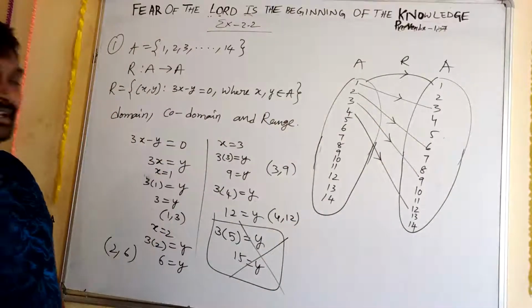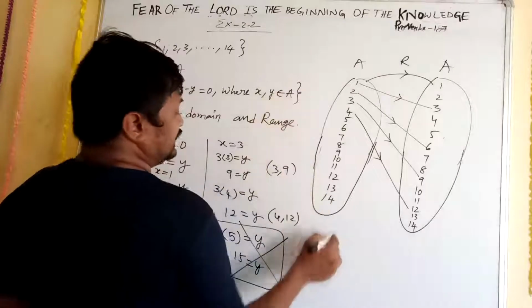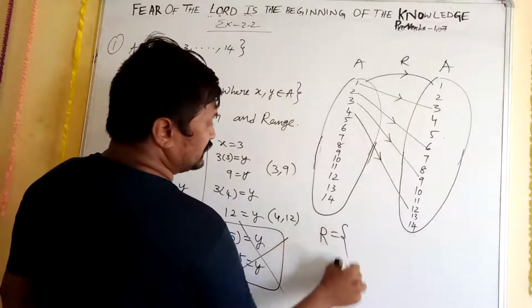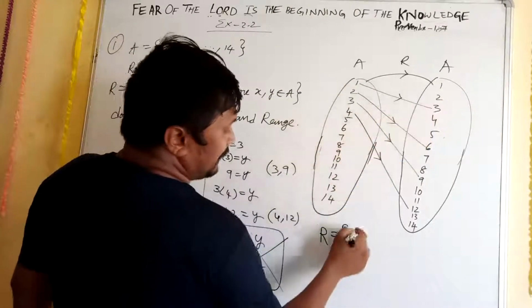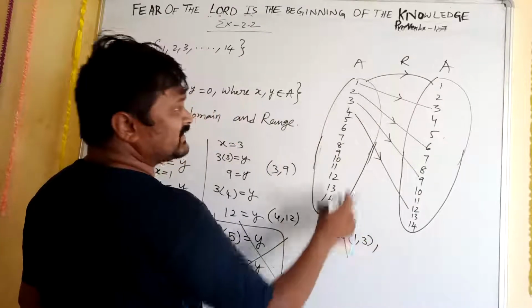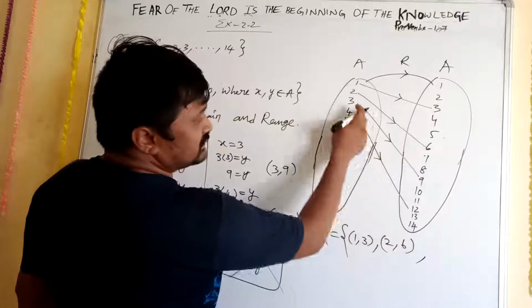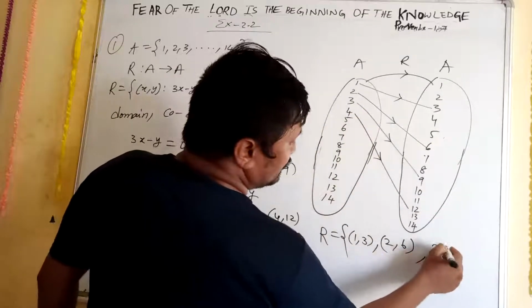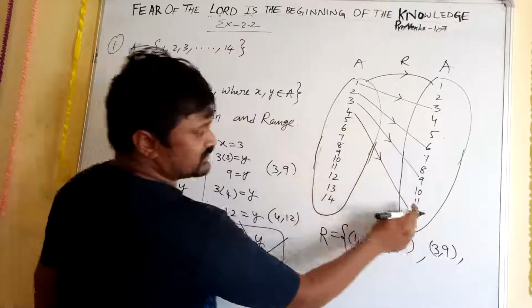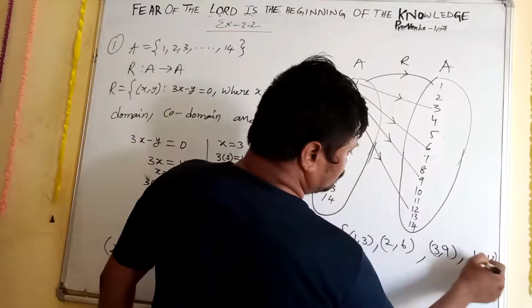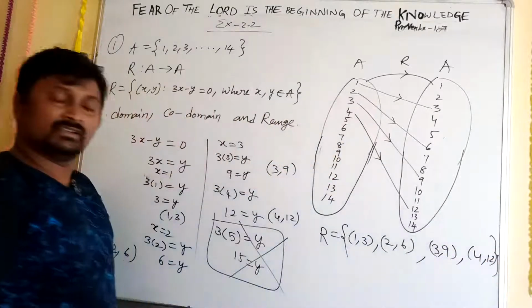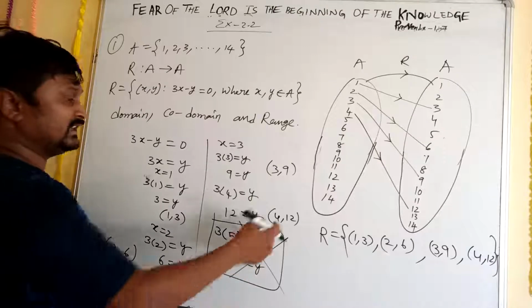So now what is our relation R? At last I write relation R is equal to {(1, 3), (2, 6), (3, 9), (4, 12)}. Right? So you got the relation now.